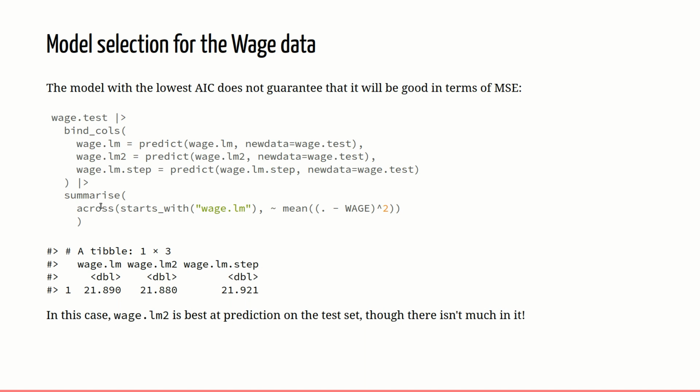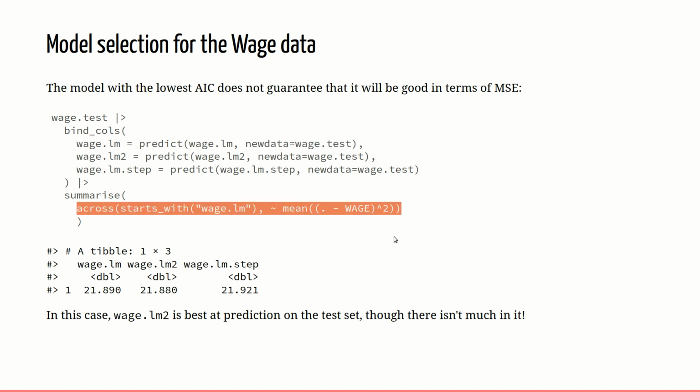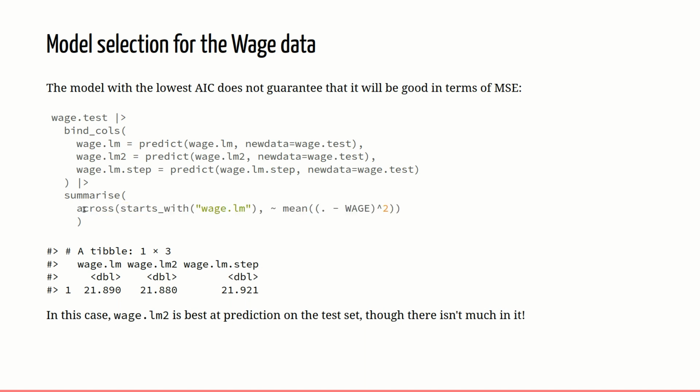So this is something you may not have seen before in dplyr maybe. If you want to do an operation on multiple columns at the same time, you can use the across syntax. So here we're summarizing across all the columns that begin with wage.lm. Notice that I named them wage.lm, wage.lm2, wage.lm.step, so they all start with wage.lm.